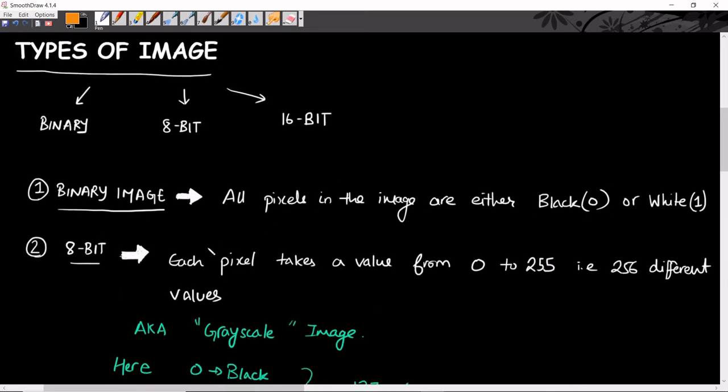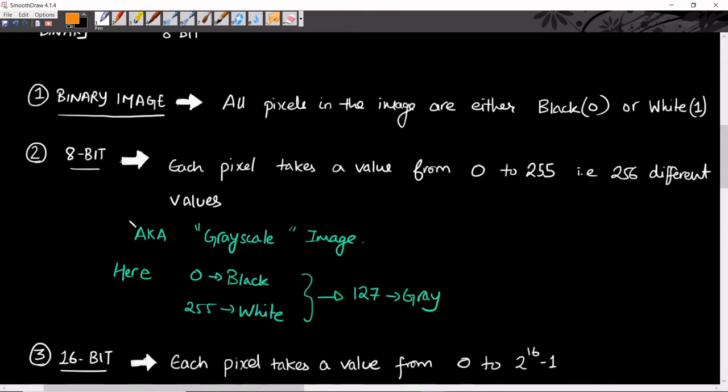The next type of images are 8-bit images. Here, each pixel of your image takes a value from 0 to 255. That means there are 256 different values, because you're starting from 0 and going till 255, and 256 is 2 to the power 8, and since it's 8-bit, that's how you get 256.